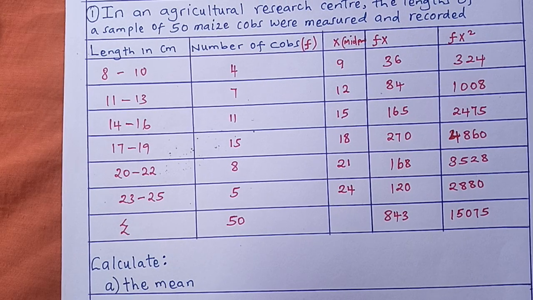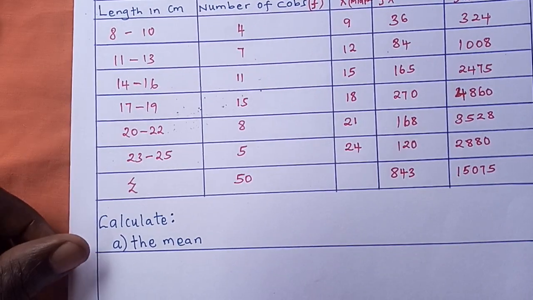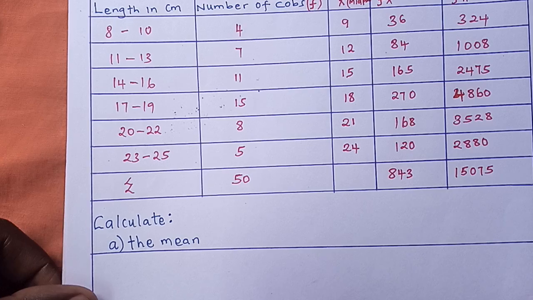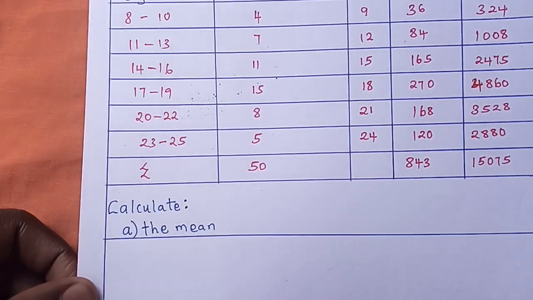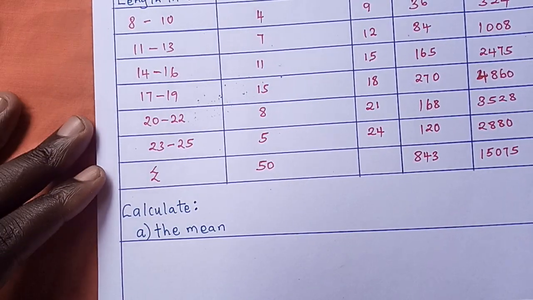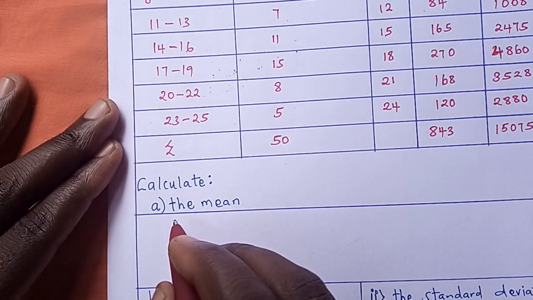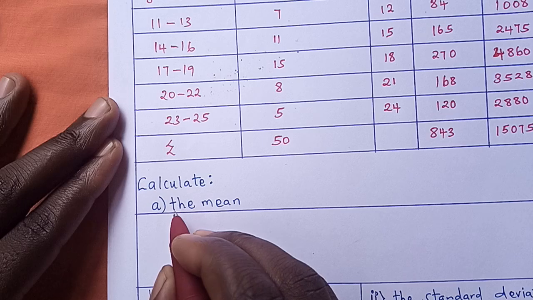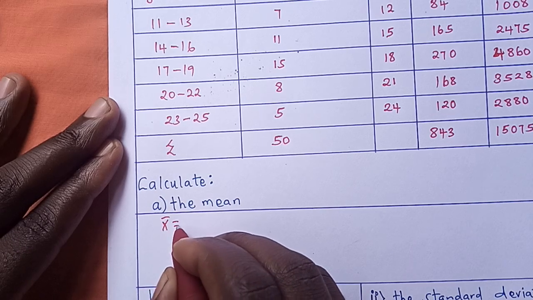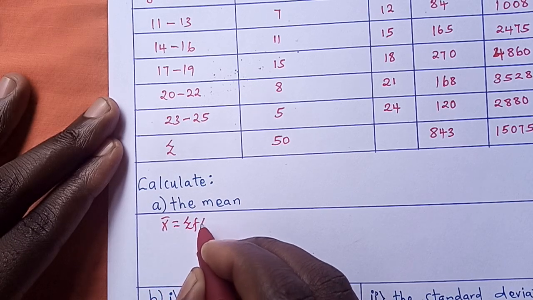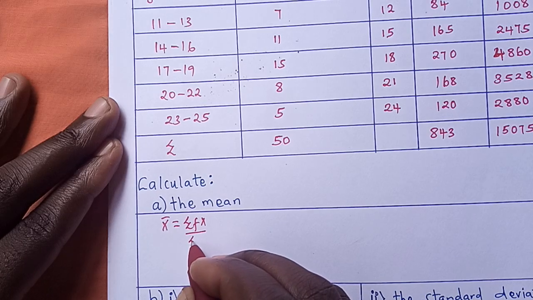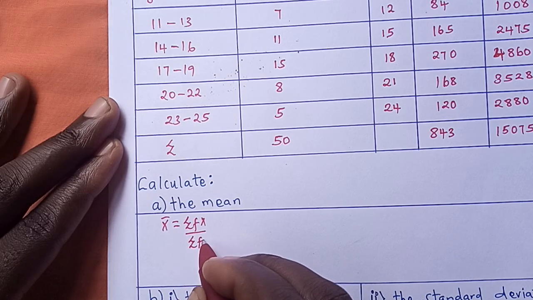Now, after filling in this table, we can proceed to work out the mean. This is the solution part. The mean is given by the summation of f of x divided by the summation of frequency.